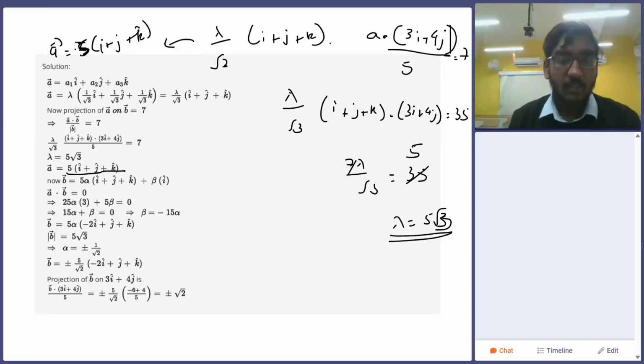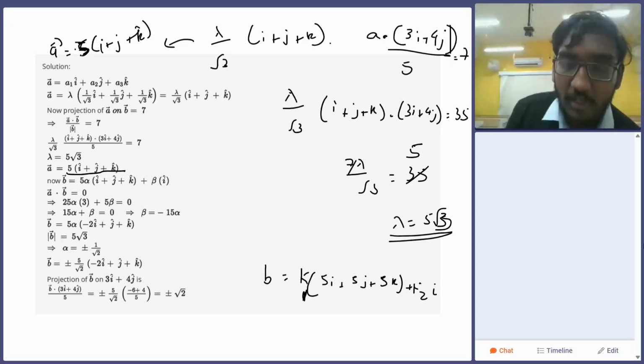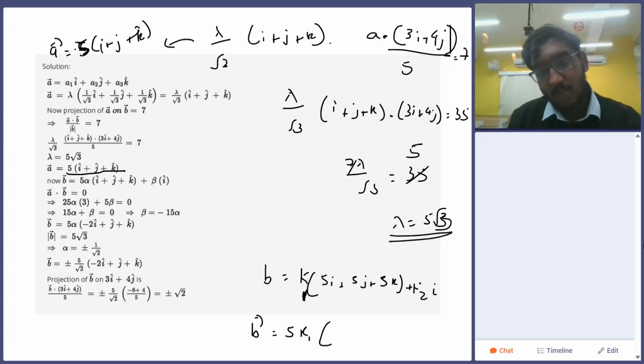That is how we write this B. Rewrite this B vector as some k1 into 5i plus 5j plus 5k, plus k2 into i. Okay, and you can also pull out this 5, no problem. B vector will be 5k1 into i plus j plus k, right? Plus k2 into i, right?